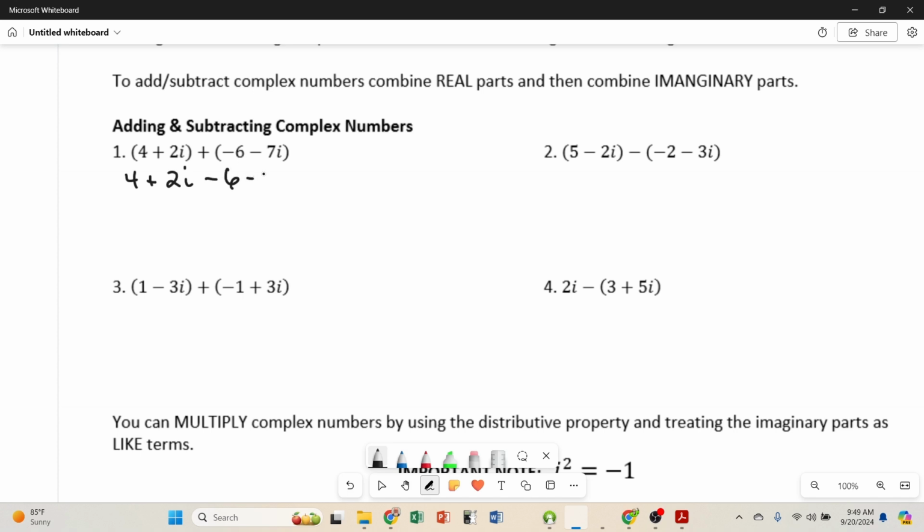Minus 6 minus 7i. Then you could just rewrite this in order. So 4 minus 6 plus 2i minus 7i. Just got all of my real numbers together and all of my imaginaries. 4 minus 6 is negative 2. 2 minus 7 is negative 5i. I'm done.